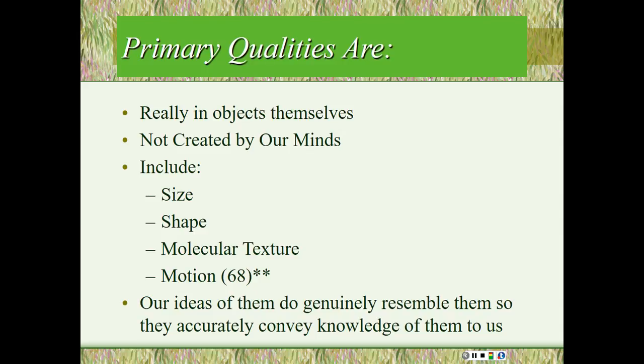They knew about that, by the way. But here we're talking about an immaterial image in the immaterial mental space of our minds. But nonetheless, he says our ideas of primary qualities really resemble them.